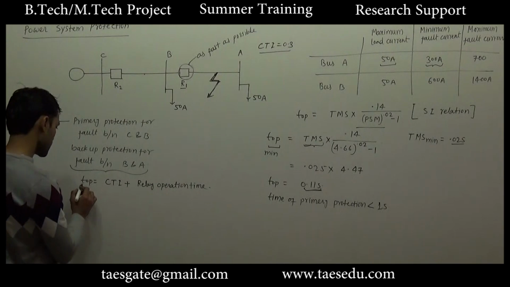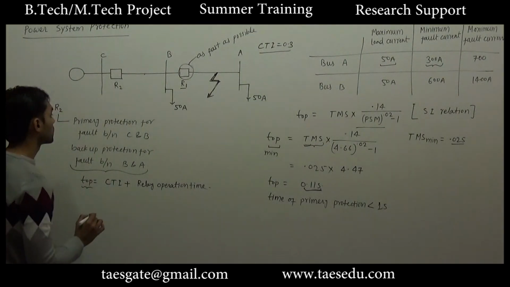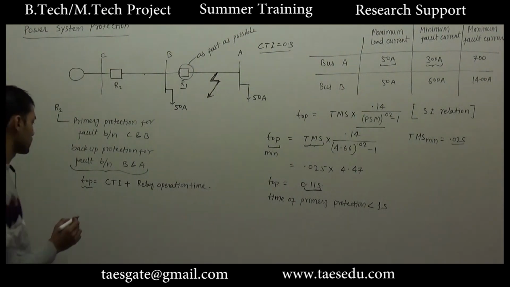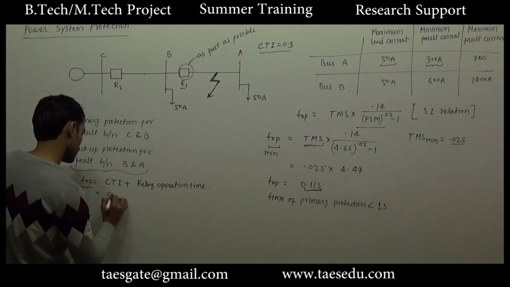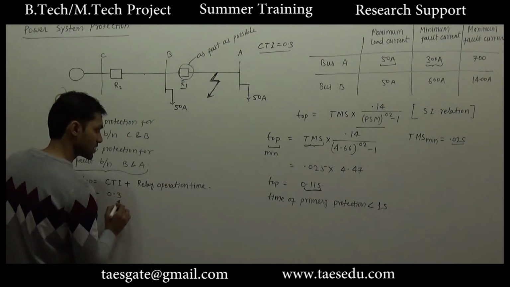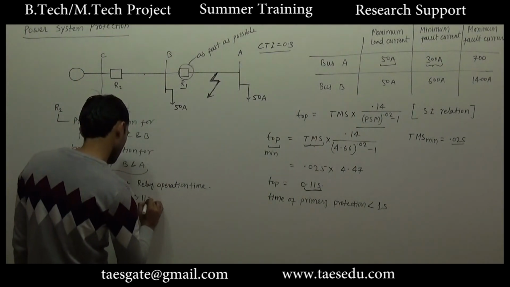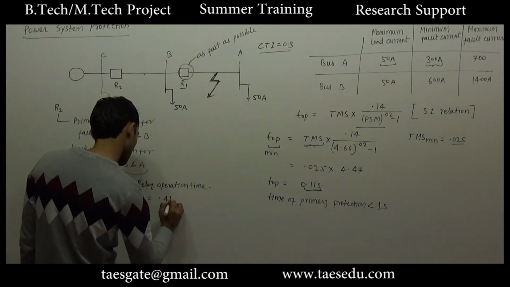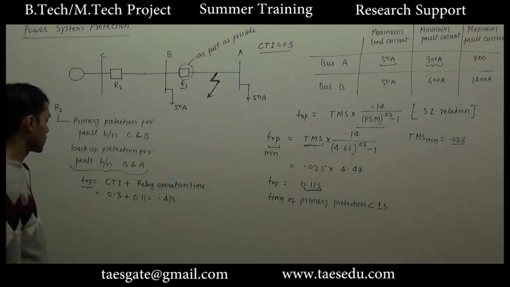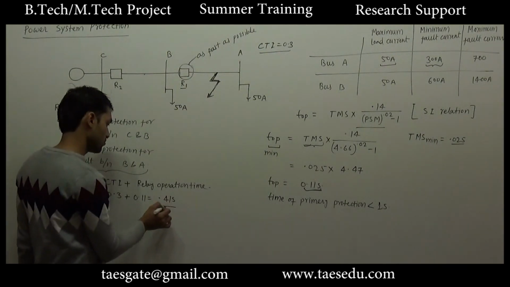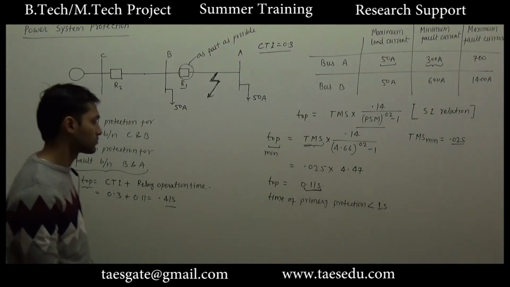This should be the expected time of operation for the backup protection. So the coordination time interval is 0.3 second and the relay operation time is 0.11 second. The operation time delay for backup protection between fault A and B should be 0.41 second.